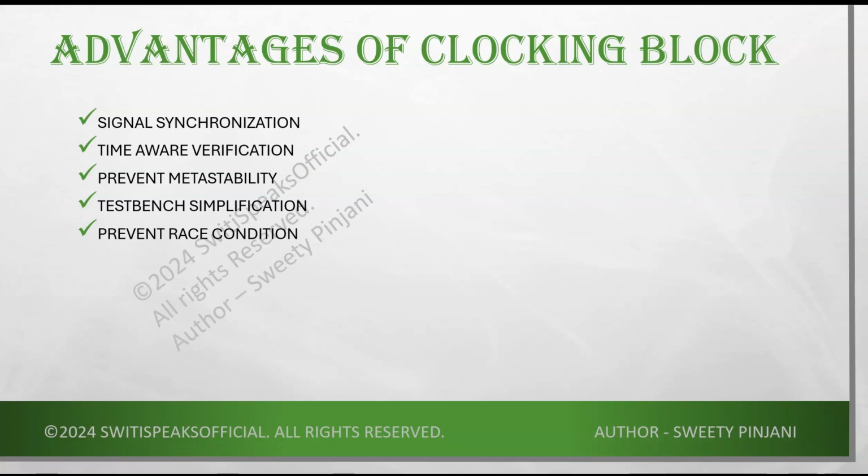By using this event provided by clocking block in your sequential block, you can ensure that the block is triggered without the race condition. Why? Because in clocking block it is considered as an event.